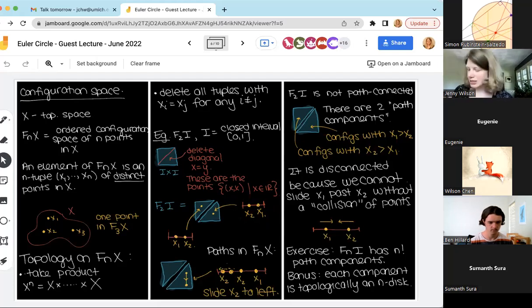If X was a topological space with only 10 points in the underlying set, then it would make sense to talk about the configuration space of 1 or 2 or 3 or up to 10 points, but there'd be no configuration space on 11 points. I just ran out of points.